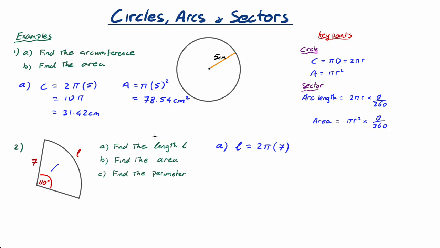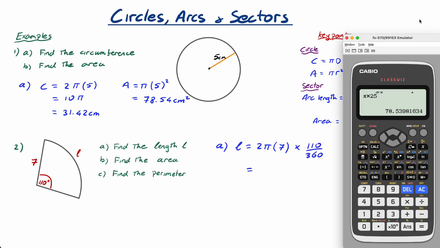So if that angle is 110 degrees, then the fraction is 110 out of 360, because a full circle here would be 360. So we only have 110 out of the 360. So I get the full circumference, and then times 110 out of 360. That theta is the angle, and then that'll give me the answer.